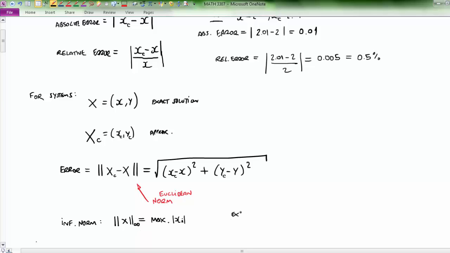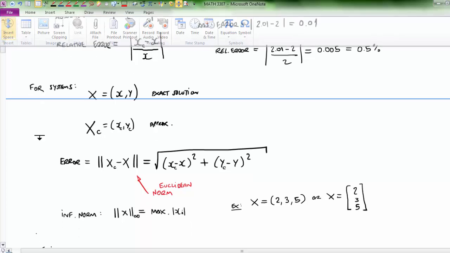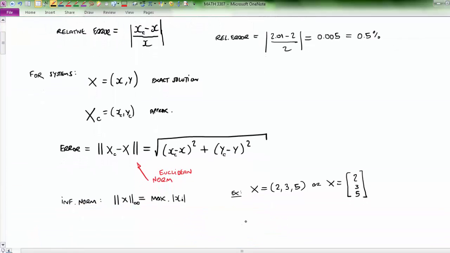So example. So if you have x as a vector, let's say 2, 3, 5, okay? Or if you want to write that in an octave format, 2, 3, 5, okay? Then the Euclidean norm would be square root of 2 squared plus 3 squared plus 5 squared.